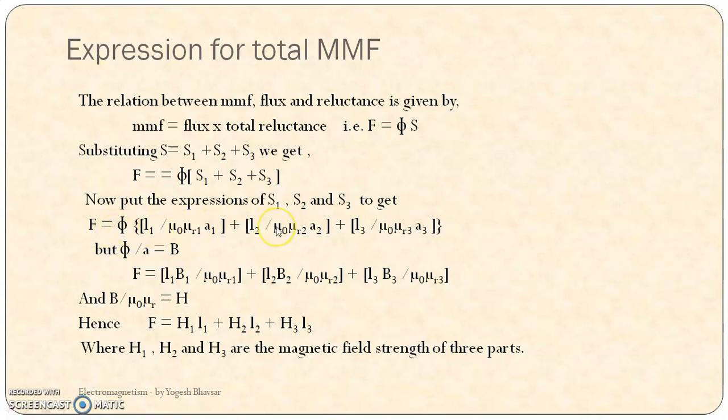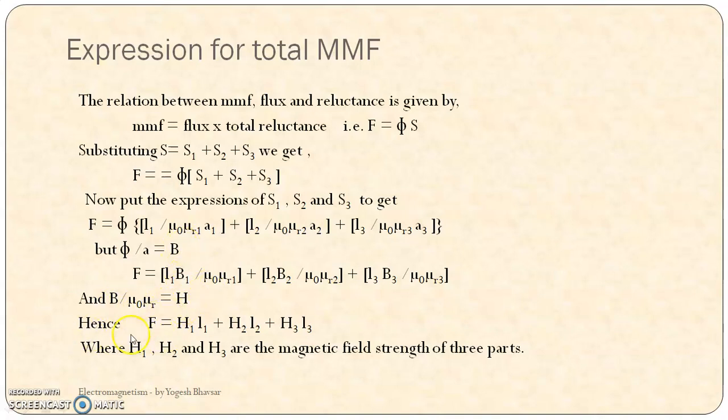But we know that flux per unit area is given by flux density. So we can use this formula in above equation and simplify it. So F is equal to L1 B1 by mu 0 mu R1. Similarly for second and third material. Again we have flux density by mu 0 mu R is equal to H, magnetic field strength.